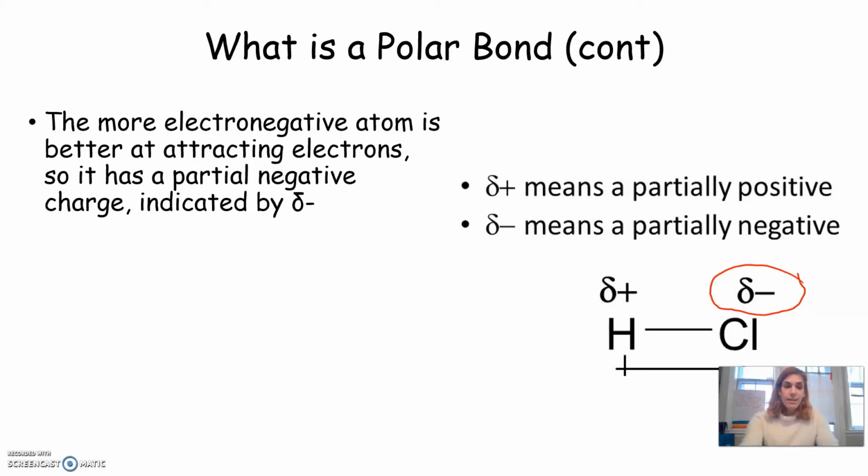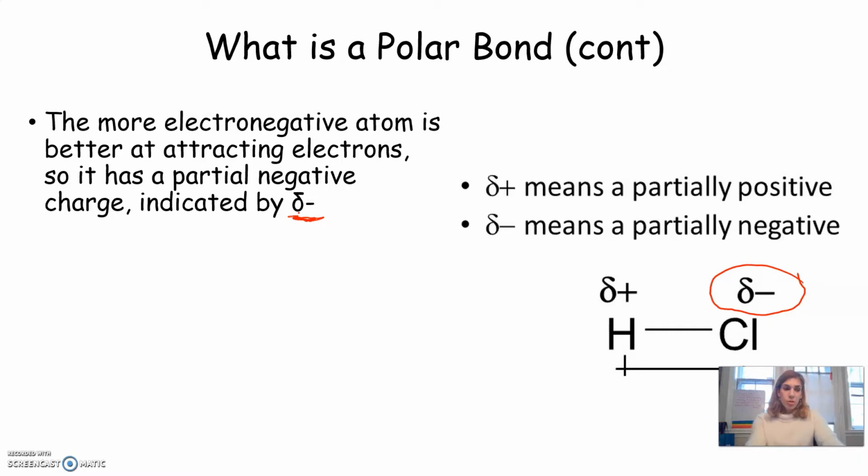And this is indicated by this lowercase delta and a negative sign to show that it's partially negative. This lowercase symbol represents dipole. So think pole, like positive, negative poles. So this is partially negative. The electrons are going more towards it because it's more electronegative.